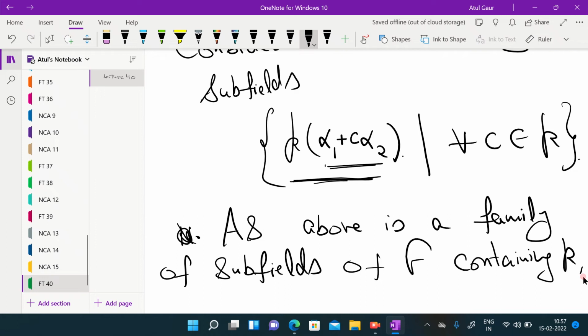K is an infinite field, that means there will be infinitely many c, but the subfields are giving you only finitely many. So what will happen? After some time the subfield will start repeating. Is that fine?